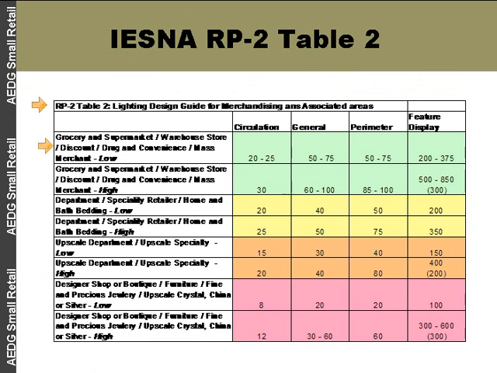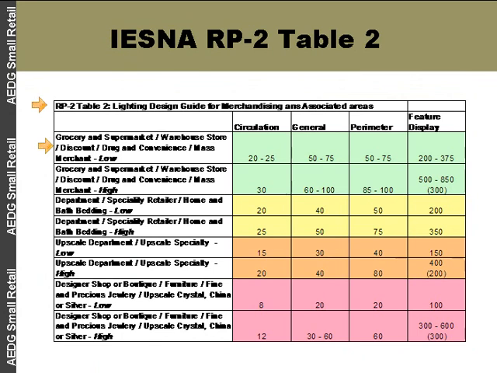You can see the first one, grocery, supermarket, warehouse stores, discount, drug, convenience, mass merchant. But they gave us high and low recommendations. So if you were to actually take the lower recommendations of light levels, and there's nothing that really defines whether you should take the high or the low.